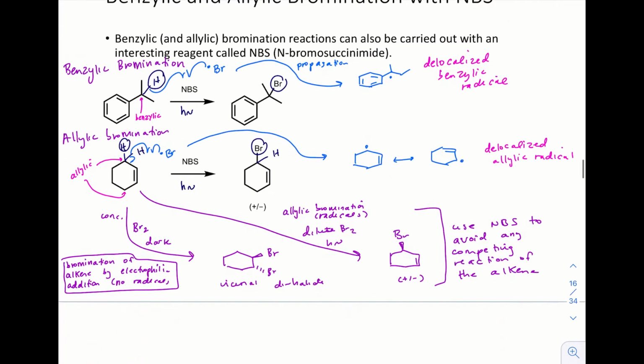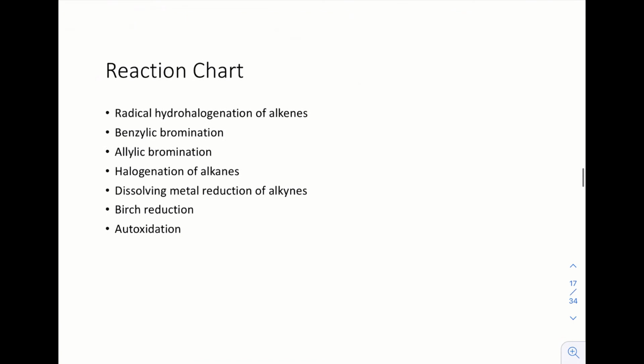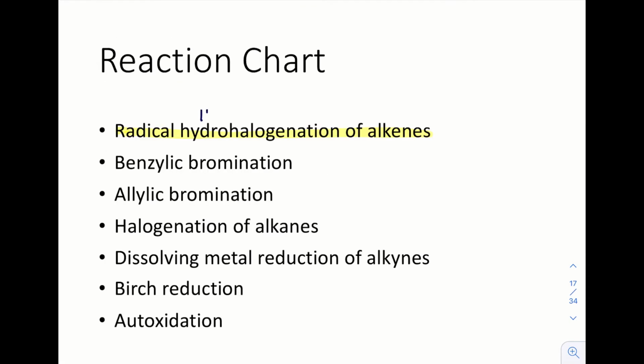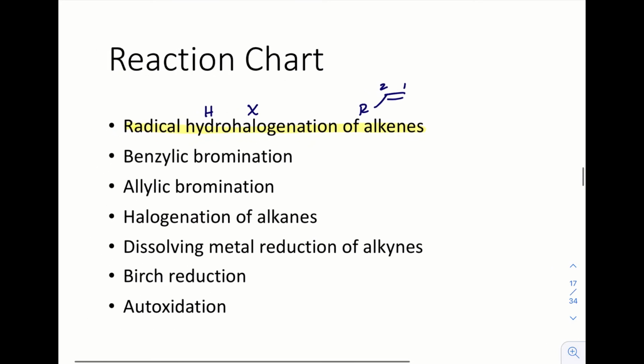Let's pause and add reactions to our reaction chart. First, the radical hydrohalogenation of alkenes. Hydrohalogenation suggests adding HX across the two carbons of an alkene, and that is indeed what happens in this transformation.